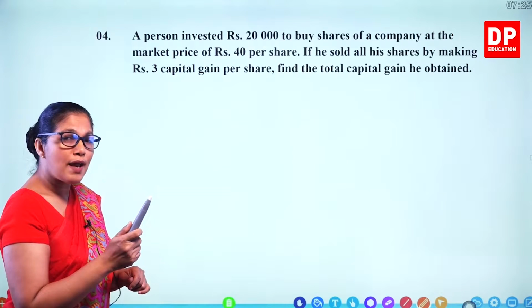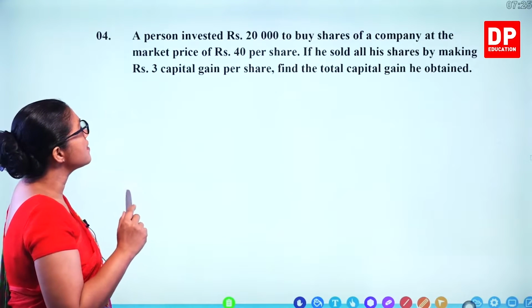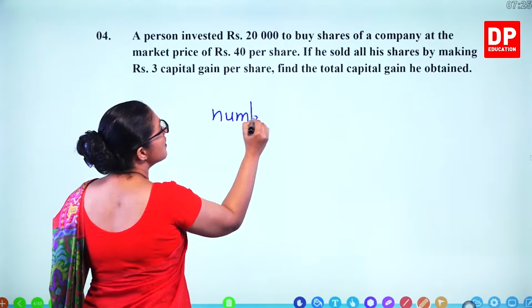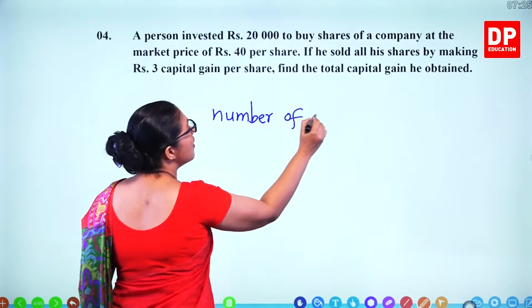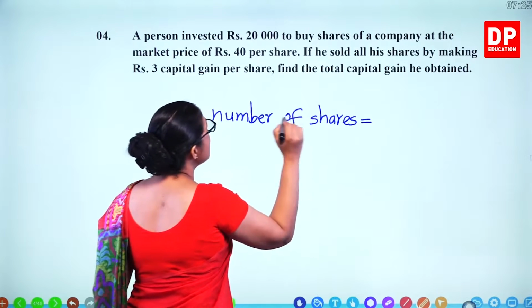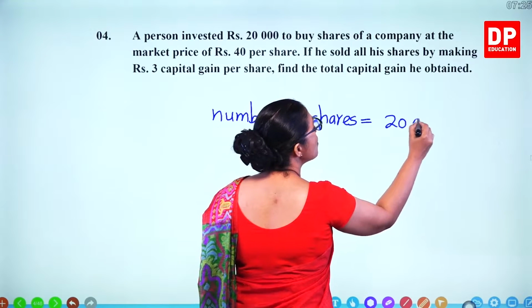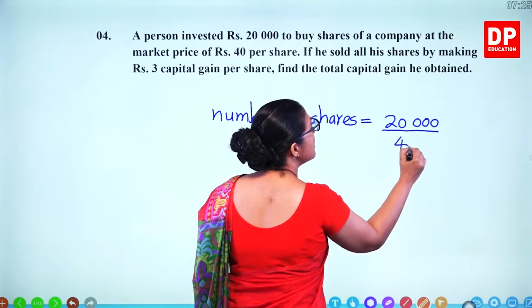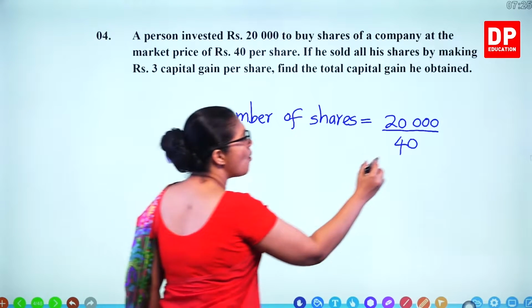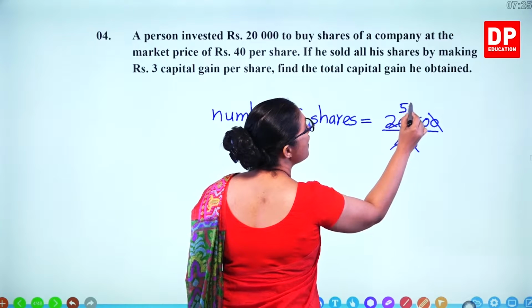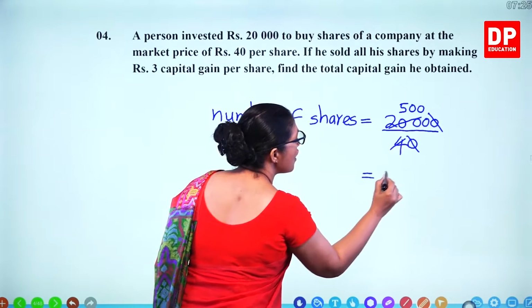So from that you can find out how many shares are there. So number of shares, you divide the amount invested, that's 20,000 rupees, divided by 40 is the market price. So how many shares he bought? 4 times 5. So 500 shares are there.